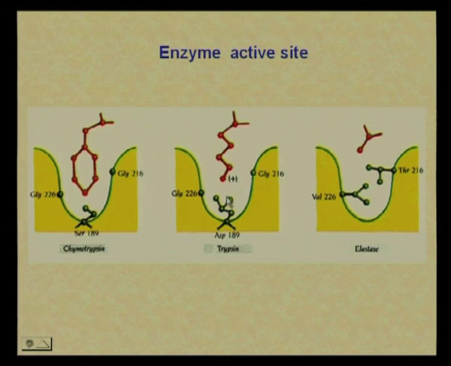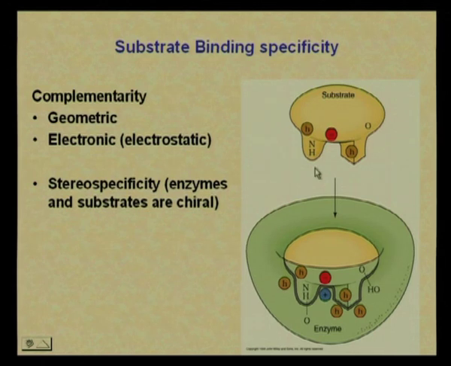What is happening here? We have a particular electrostatic interaction, that is an ionic interaction, that is pulling this particular substrate into the enzyme active site. Again, we have an alanine that is coming here in an interaction where we are going to have another hydrophobic residue. Okay. So, what do we have?